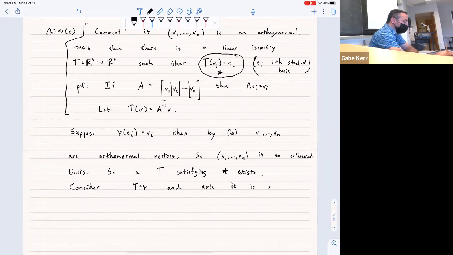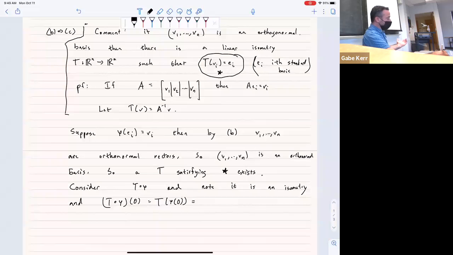It's an isometry. And B of 0, this is 0 by A. Well, okay, this is 0. You can easily see this is 0 by part B too.